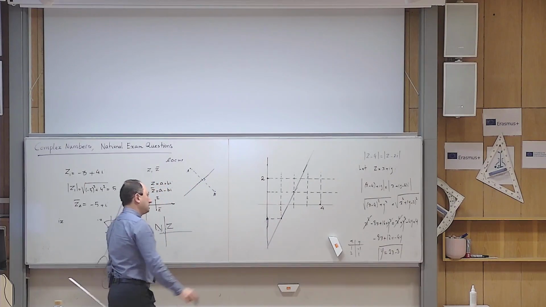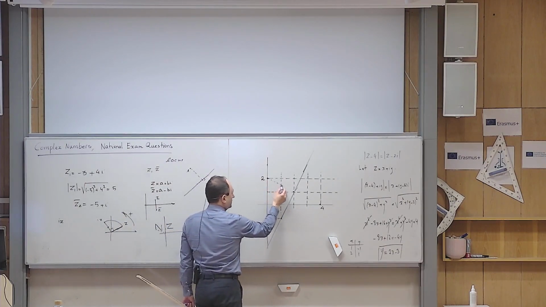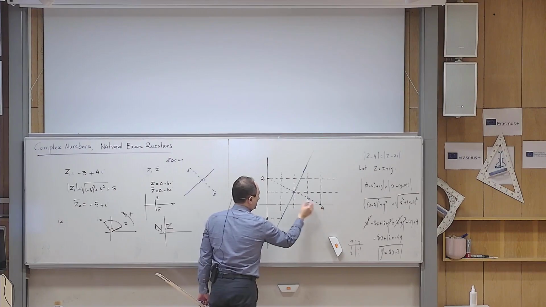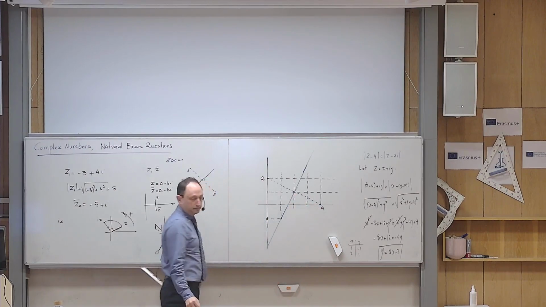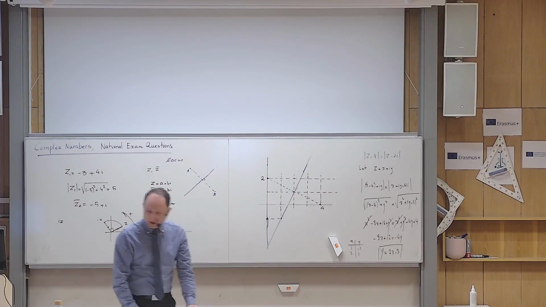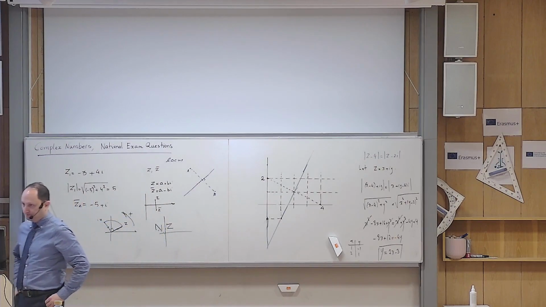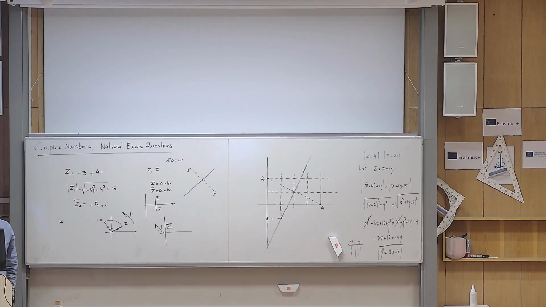Anyway, that is the perpendicular bisector. Is that clear? For an A-level question, don't take risks. Do some calculations. Otherwise, you will mess up like me.